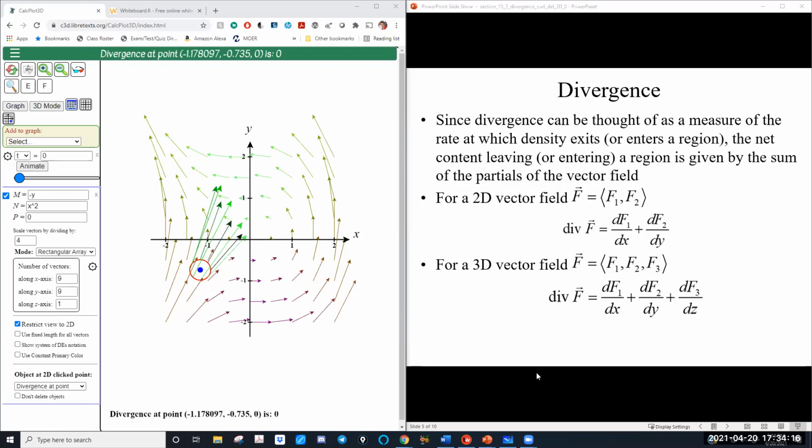So it is very, very straightforward. I'll have you calculate one or two in your group, but calculating divergence is one of the more straightforward things we have in here. Questions about divergence?